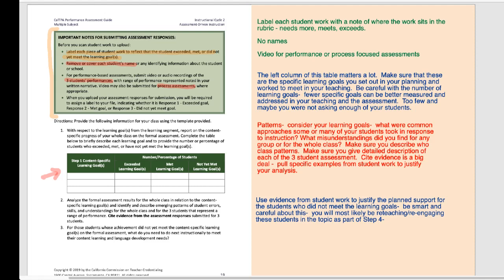All right? And the last part is when you upload your assessment responses for submission, you will be required to assign a label to your file, indicate whether it is response 1 exceeded goal, response 2 met goal, response 3 did not yet meet goal.